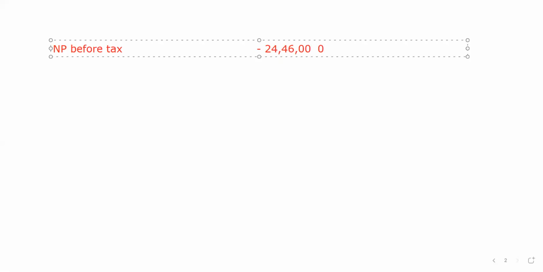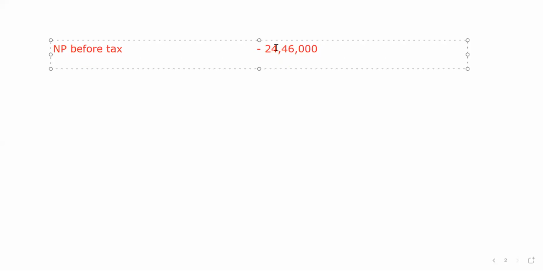We have net profit before tax, that is 24.46 lakh. So we'll depict it as 24 lakh 46,000. Profit before tax is given.